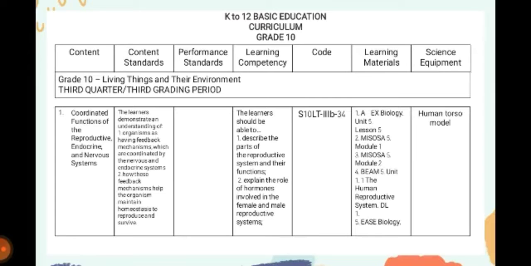The code for this one: S stands for science, 10 is the grade level, LT stands for living things, and the 3 stands for the third quarter. Then we have here the learning material: science equipment, human torso model.